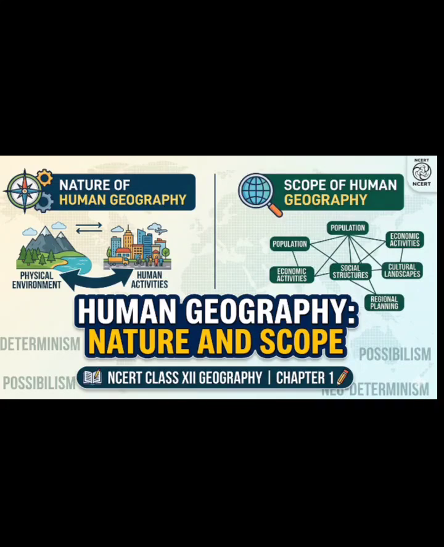Human geography, as you've seen, attempts to explain the relationship between all elements of human life and the space they occur over. Thus, human geography assumes a highly interdisciplinary nature.